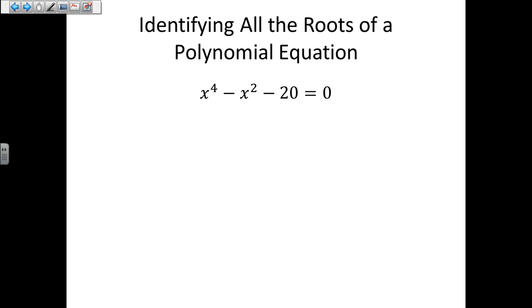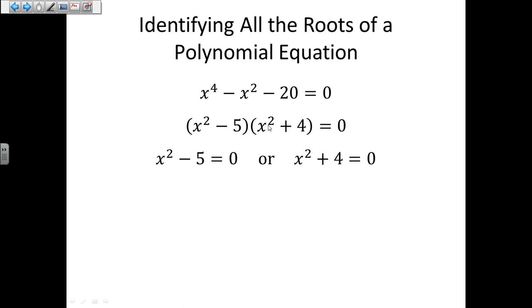Now here's one of these weird ones that we're going to factor like a quadratic. If you can factor it, if you can skip the whole p over q stuff, do it. We're going to factor this like a quadratic. We get x squared minus 5 times x squared plus 4. This one's going to create some irrational roots. This one's going to create some imaginary roots.